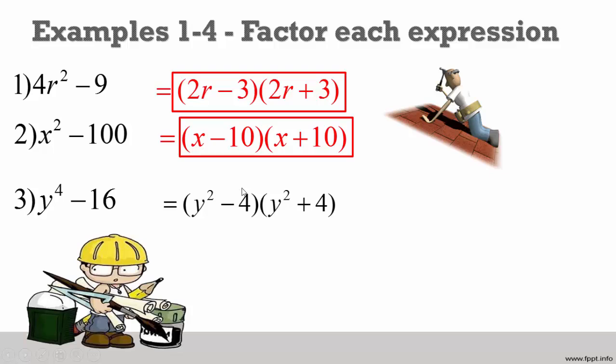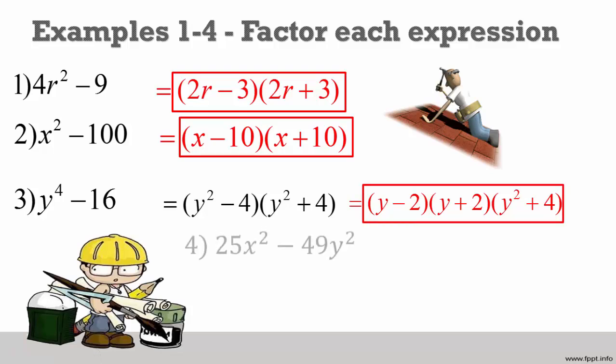But again, we are not done because we could still factor this one. So we can factor this one further as y minus 2, y plus 2, but this one we're stuck with the way it is because this is a positive sign here.